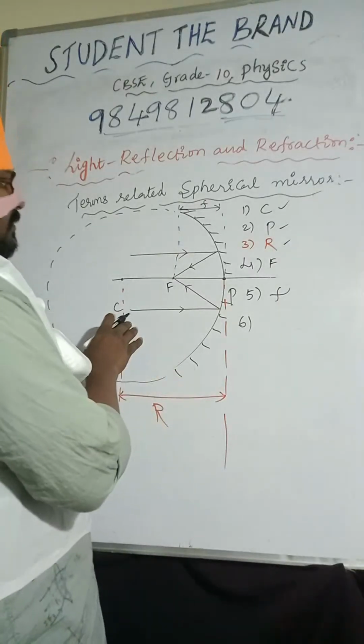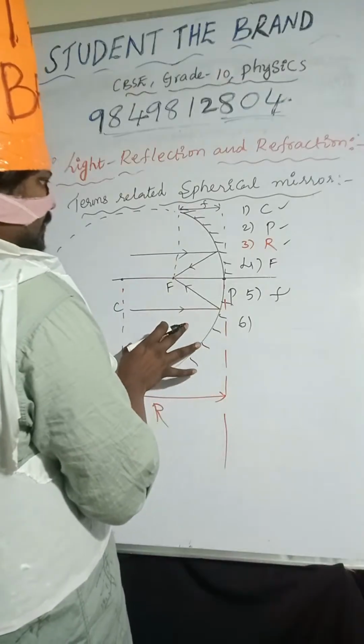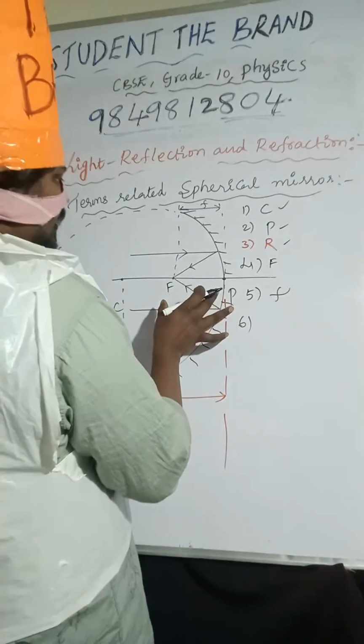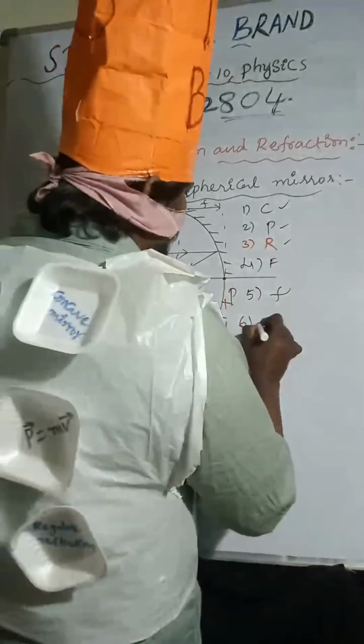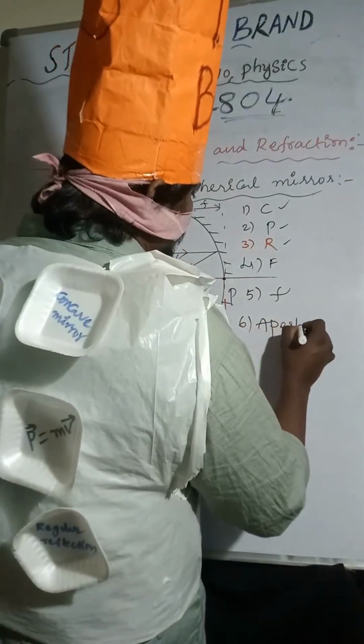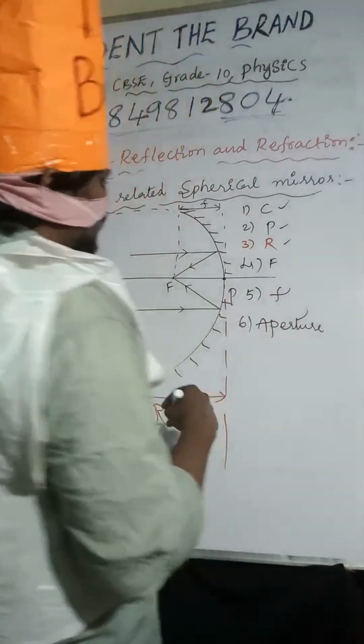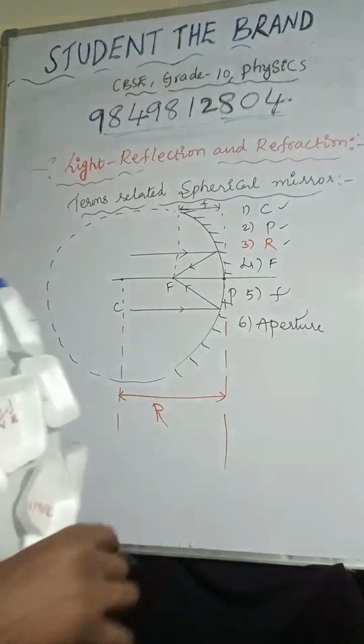And the sixth one: the width of the mirror is called the aperture.